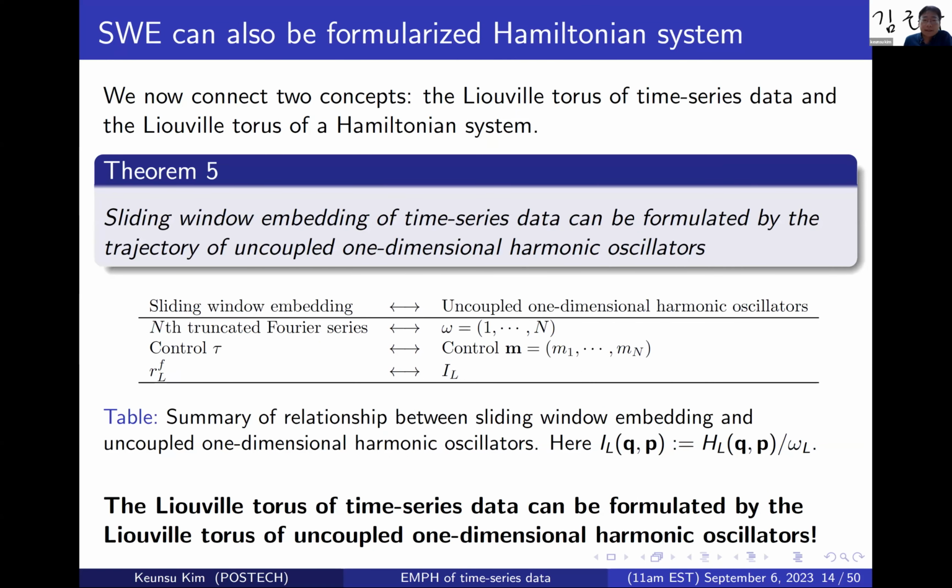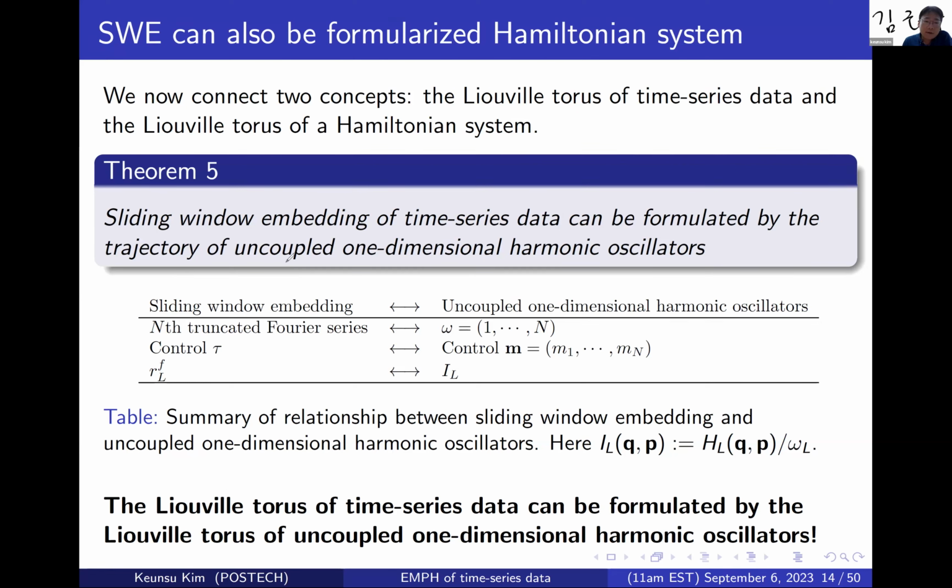Now we connect two concepts, the Liouville torus of a time series data and the Liouville torus of a Hamiltonian system. We proved that the sliding window embedding of a time series data can be formulated by the trajectory of an uncoupled one-dimensional harmonic oscillator.